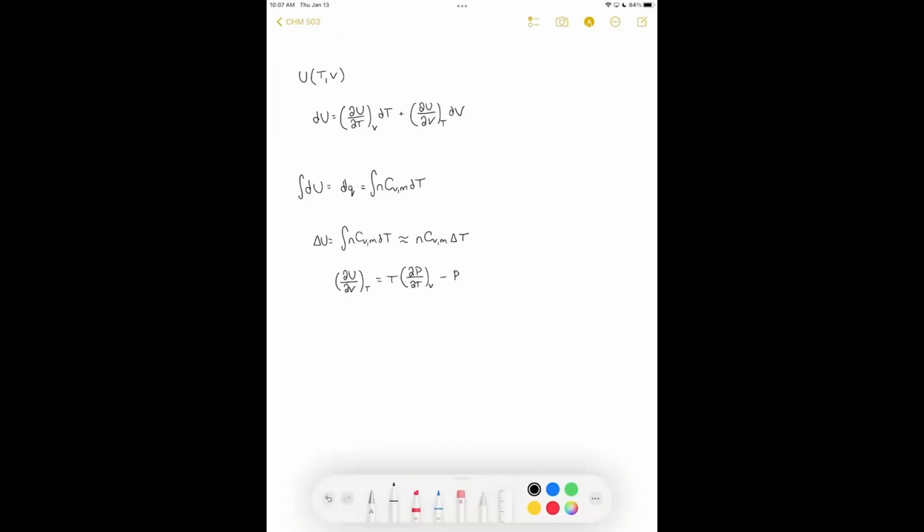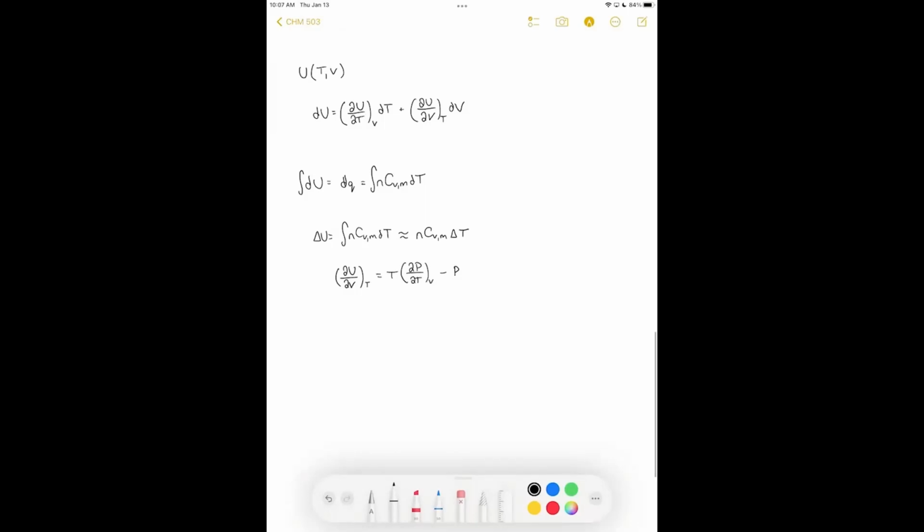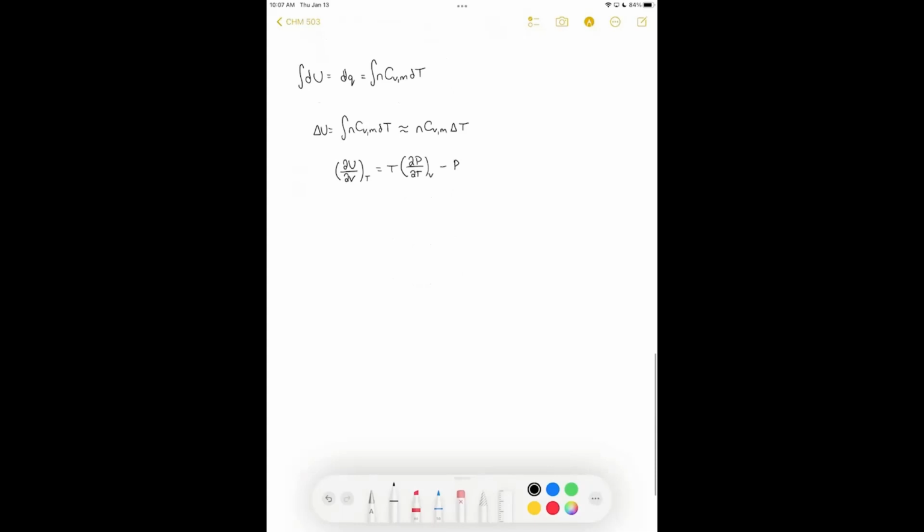How does this work for our ideal gas law? Let's attempt to evaluate it for an ideal gas. So for an ideal gas, dU/dV at constant T is equal to the temperature times the derivative of pressure with respect to temperature at constant volume. Remember, our pressure is equal to nRT over V. So a derivative of pressure with respect to temperature at constant volume simply gives us nR over V, and then we're subtracting the pressure.